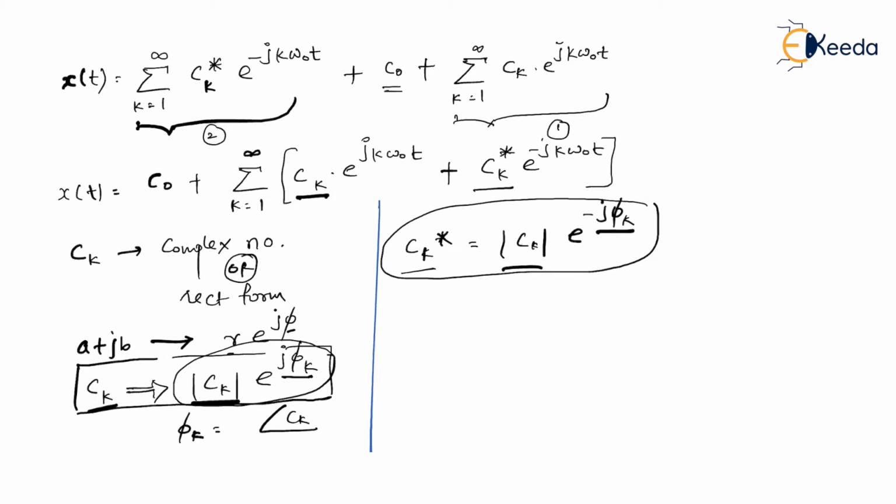I hope you got my point. So let me substitute ck and ck conjugate in their respective polar form and rewrite the relation again. Now I can write my x of t as c naught plus summation k equal to 1 to infinity. So what we had is ck.